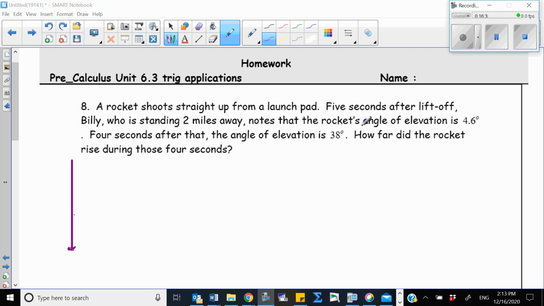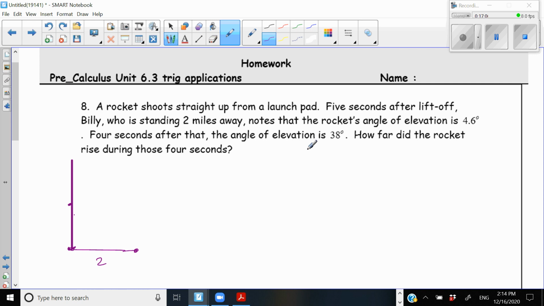5 seconds after liftoff, Billy, who is standing 2 miles away, so let's say he's standing here 2 miles away, notes that the rocket's angle of elevation is 4.6. That means if he's standing here, he is making an angle of 4.6 with the horizontal line to see the rocket.